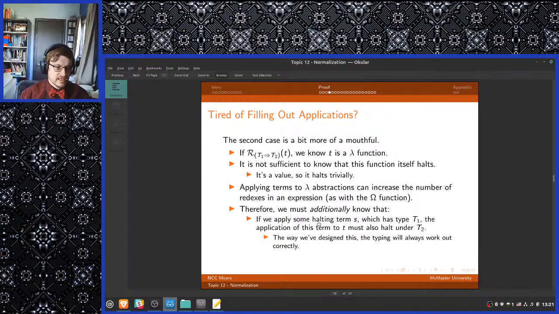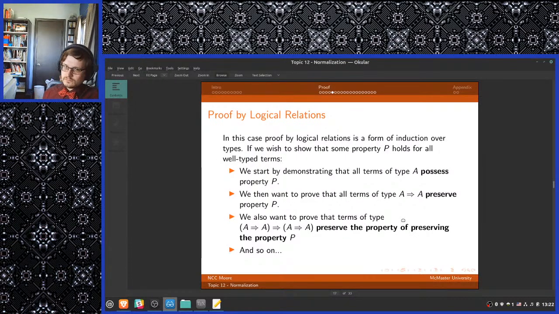Could I please go over that again with the A? Yeah. Okay. So, proof by logical relation. What we're trying to prove here is that some property P holds for all well-typed terms. Yeah, that's the formal definition of a redex in the chat there.